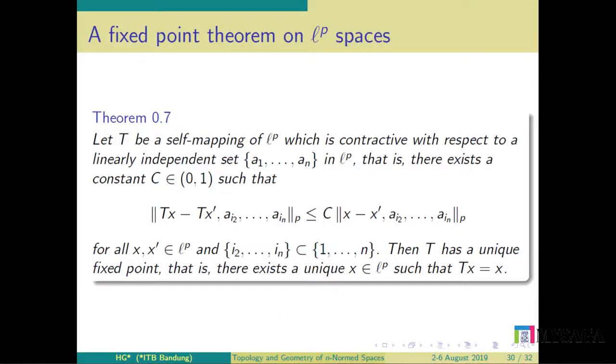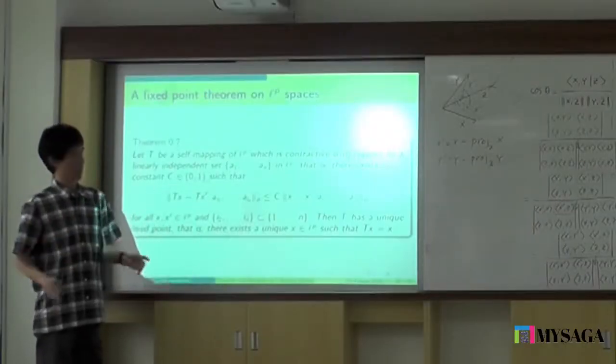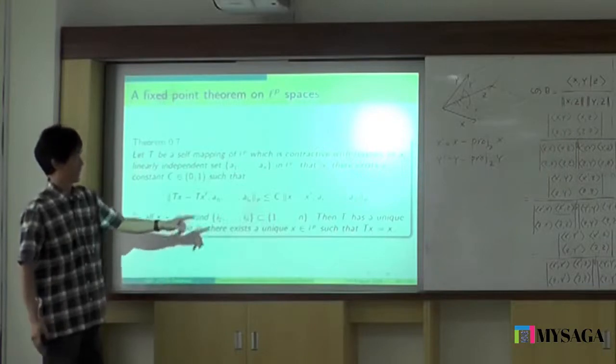theorem, fixed point theorem on L. Okay? So, the statement reads like this. Let T be a self-mapping of LP, which is contractive with respect to. Now, this phrase appears everywhere, especially in the paper, but here maybe just once or twice.